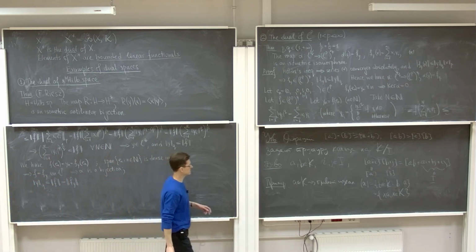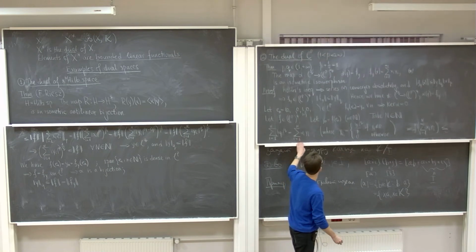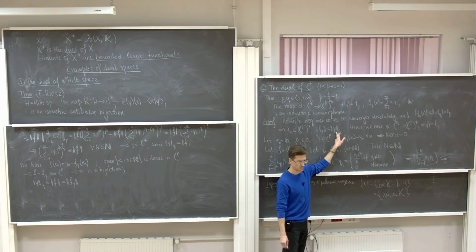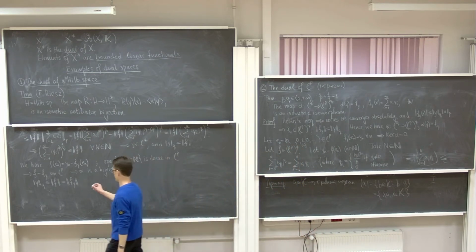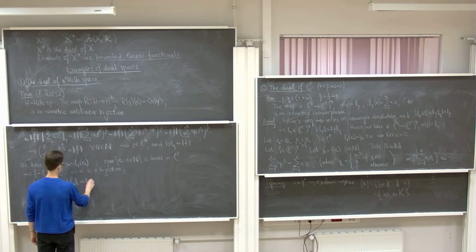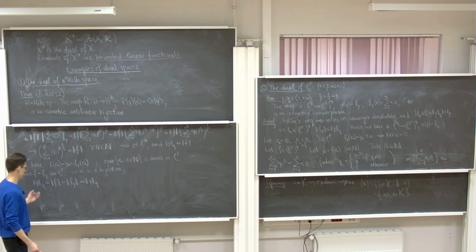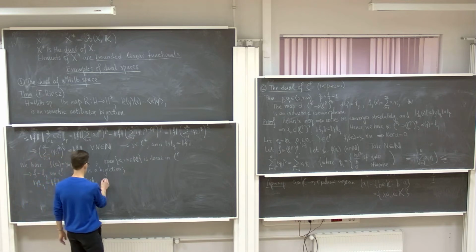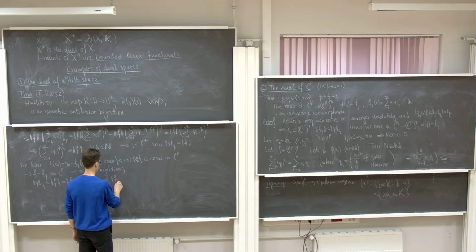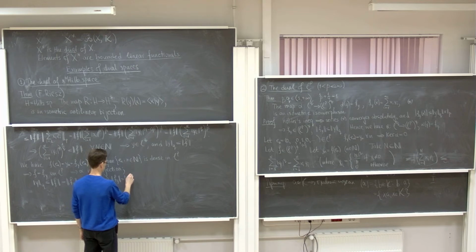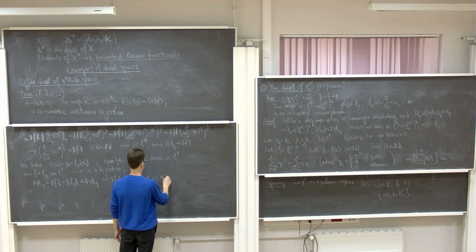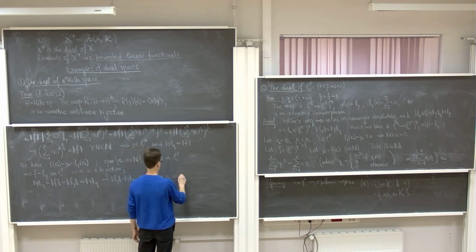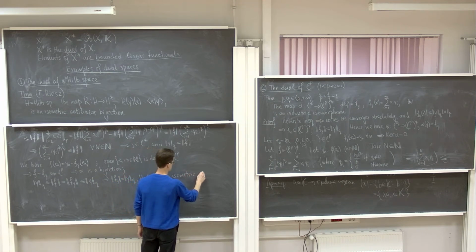And at the very beginning of our proof, we observed that the norm of fy is less than or equal to the norm of y. So this is less than or equal to the norm of y. And this chain obviously implies that all these numbers are equal to each other. That is, alpha is isometric. And this completes the proof.